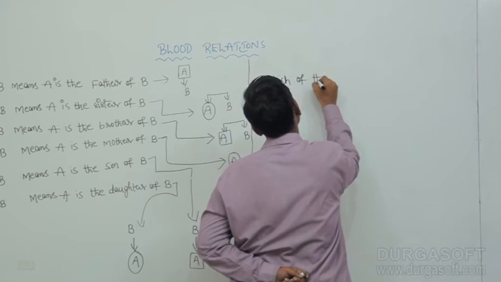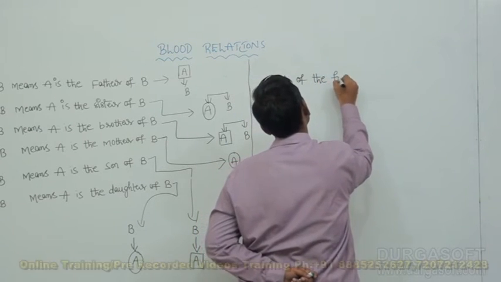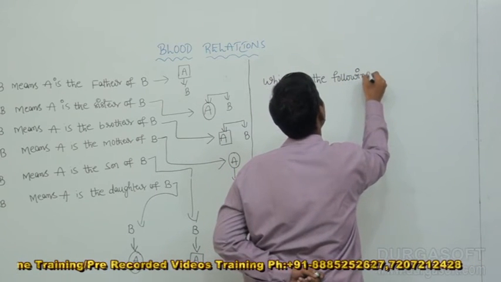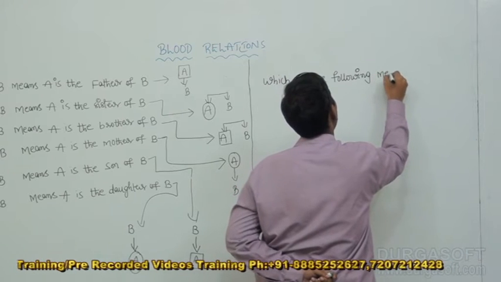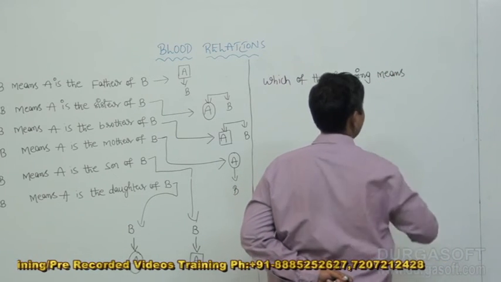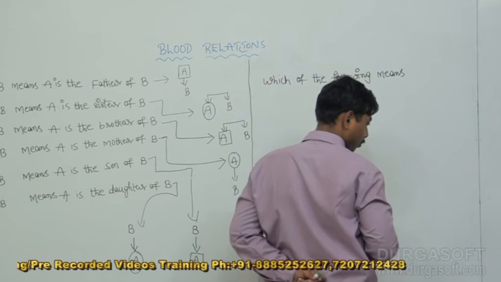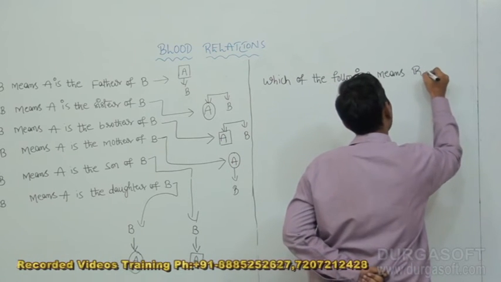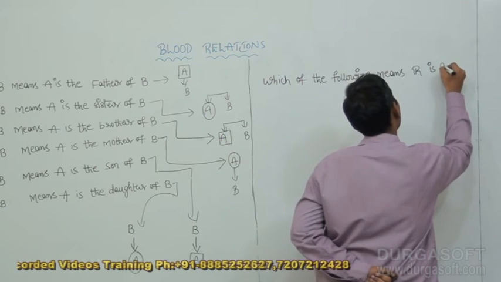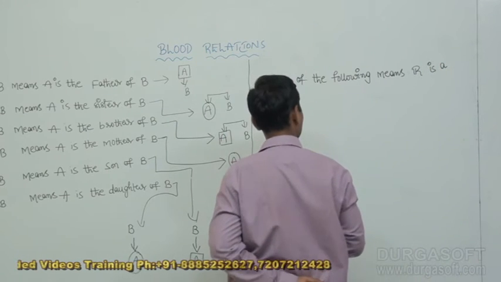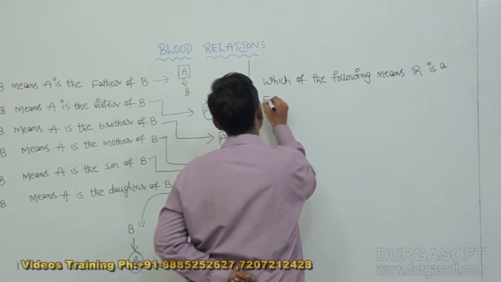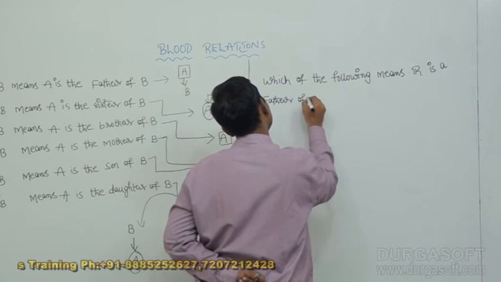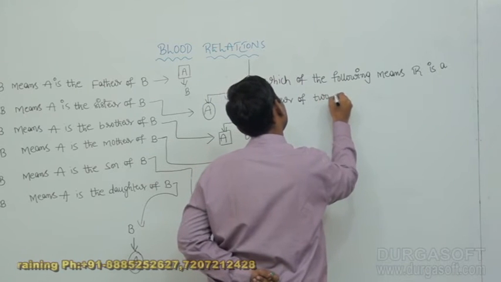Which of the following means R is a father of two children?